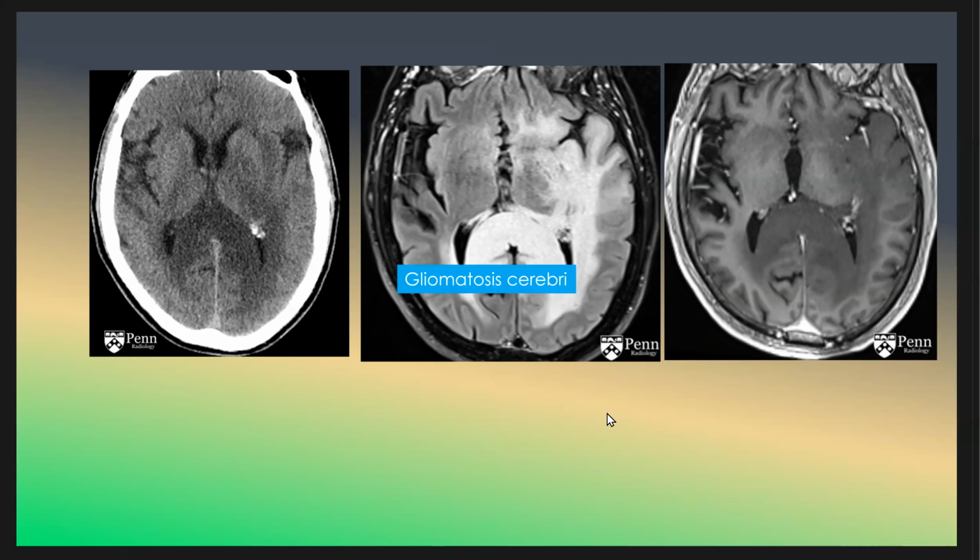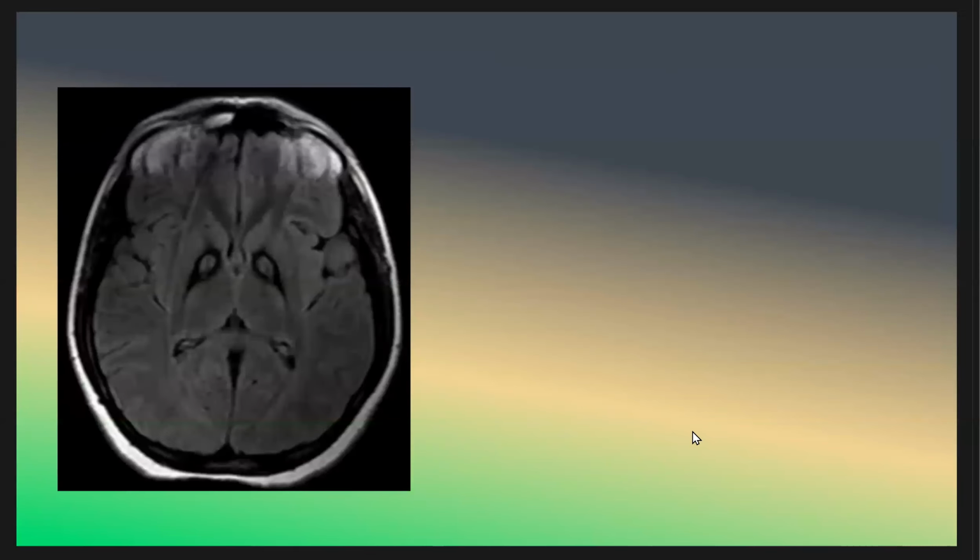So this is gliomatosis cerebri. What do you think the patient has?